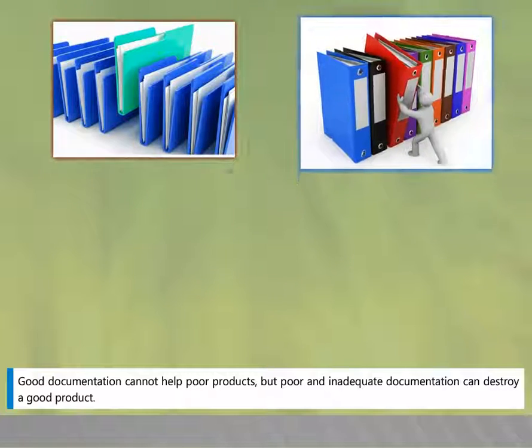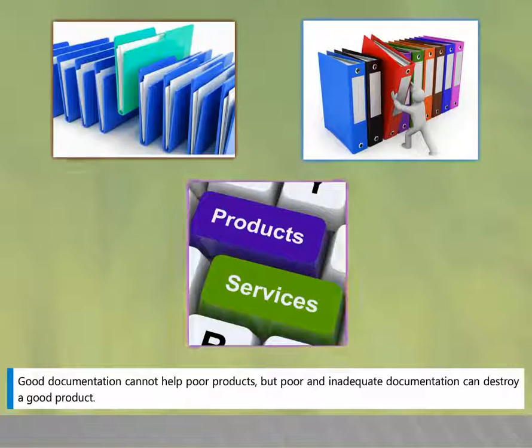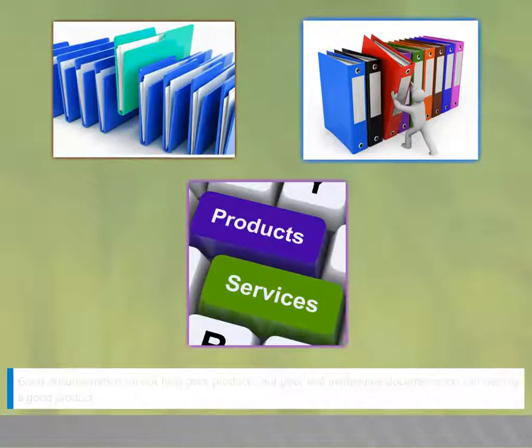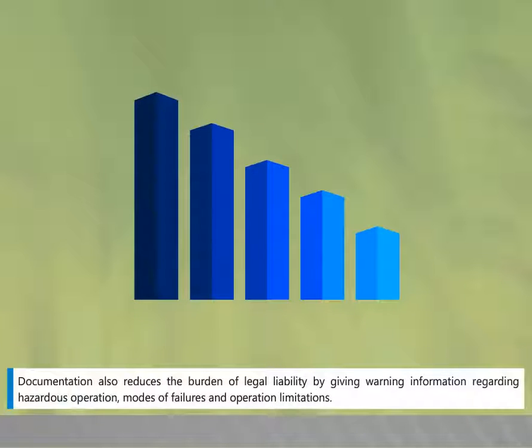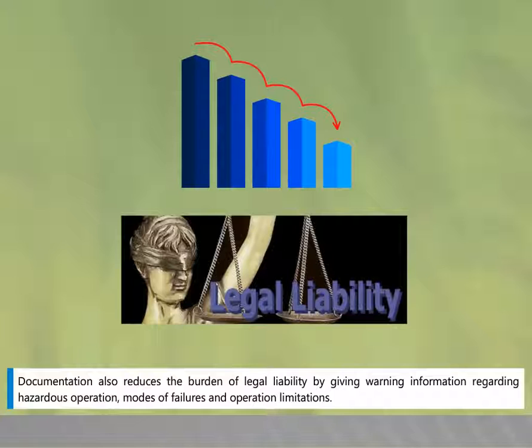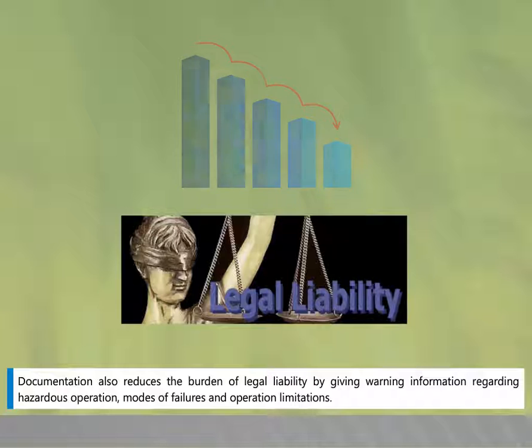Good documentation cannot help poor products, but poor and inadequate documentation can destroy a good product. Documentation also reduces the burden of legal liability by giving warning information regarding hazardous operation, modes of failures, and operation limitations.